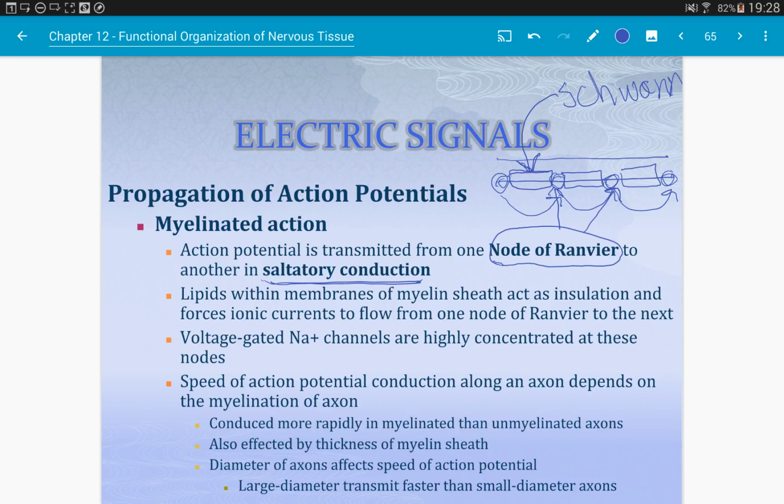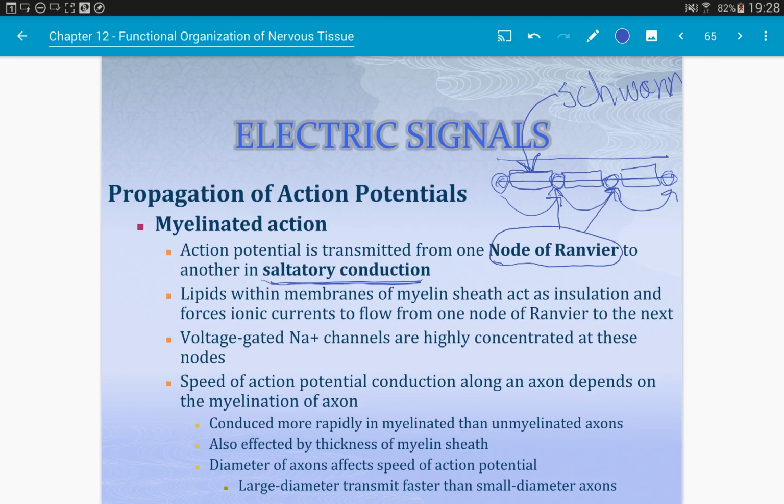Do you remember? It's the ionic current. Okay, so ionic current for an unmyelinated axon has to travel the entire length. When it's myelinated, it jumps from node to node to node, and we call that saltatory conduction. So those are different ways the signal is sent, and with saltatory conduction, it's faster.